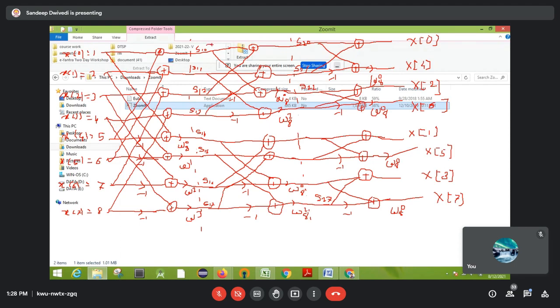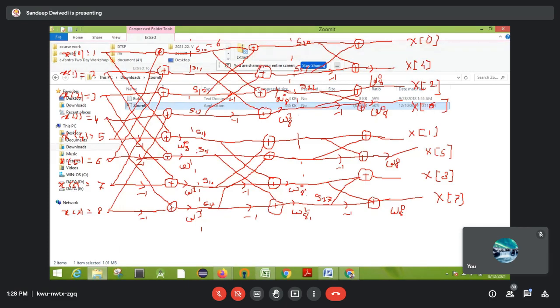Just remember when you are calculating this one, S14, you need to do x of 0, then x of 5 multiplied by minus 1, so this will be 1 minus 5. Whatever result you get will be multiplied by this twiddle factor, that is 1.